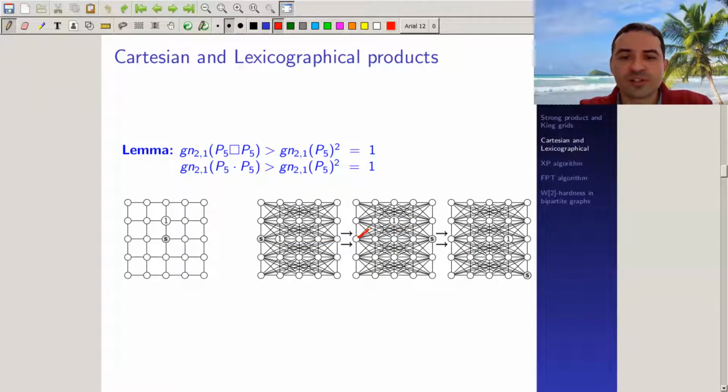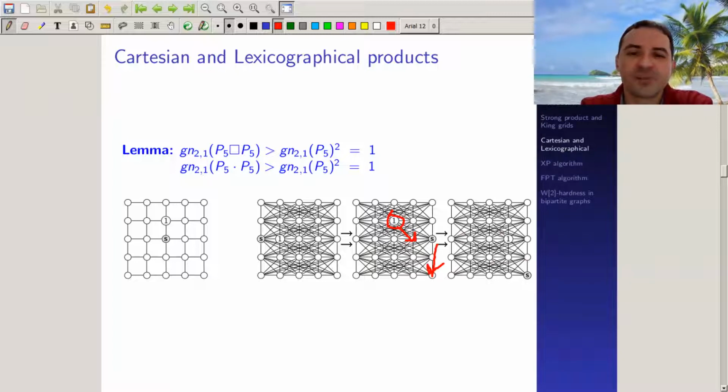So the guard must go to a vertex of this line or this line, for example, here, and then the spy goes to this extreme point, and the guard cannot surveil the spy.